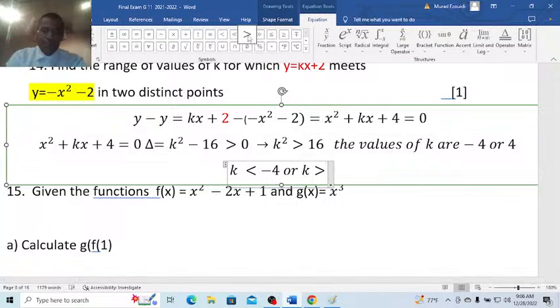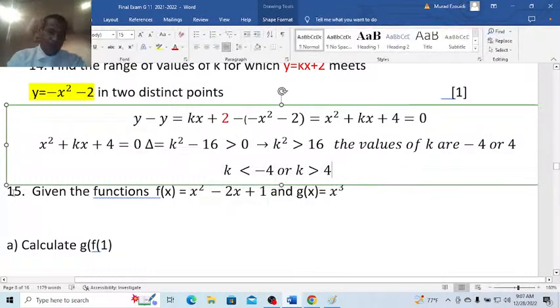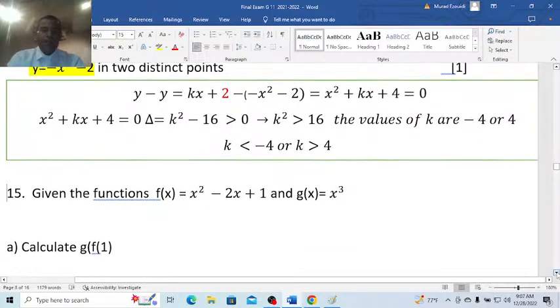This is the range, learners. It means that in fact this range is where your equation is negative. We told that outside the roots it will be positive, and inside the roots it will be negative. This is outside the roots, so it should be negative.